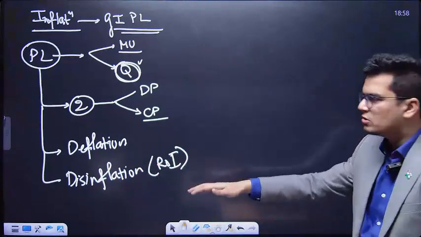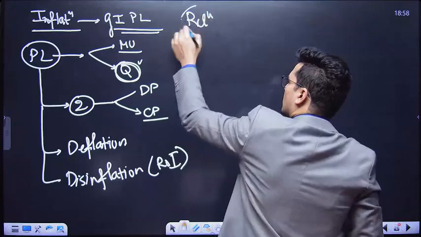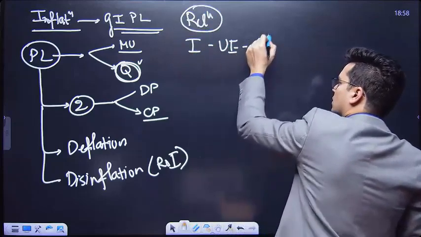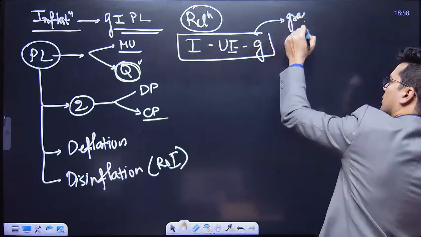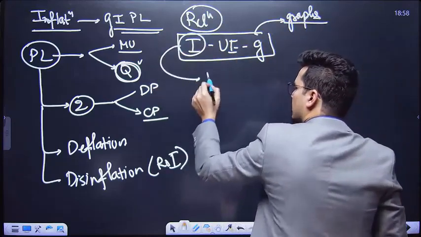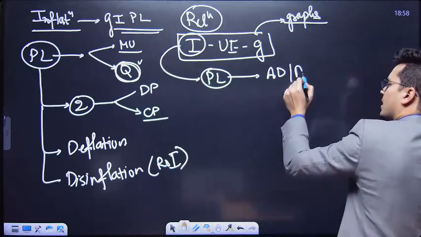Once I have understood this, I wanted to now see the relationship between inflation, unemployment, and growth. This I saw through various graphs. When I talk of inflation, it is actually price level determined. Price level changes because of aggregate demand and aggregate supply.